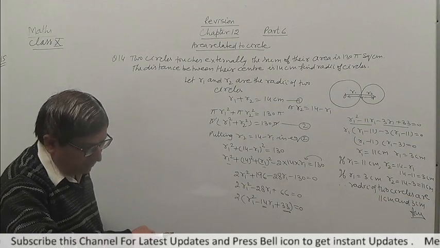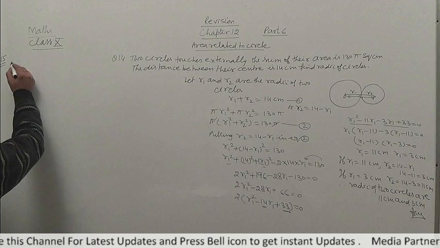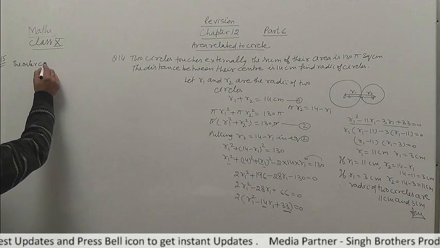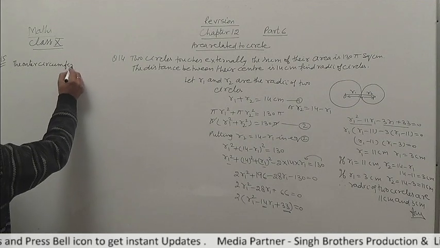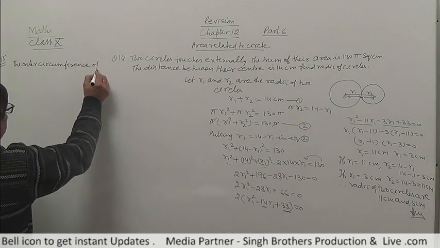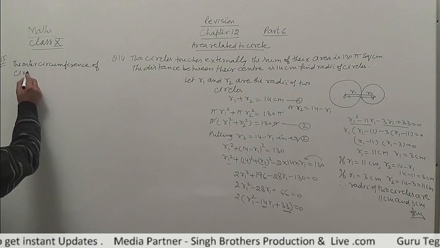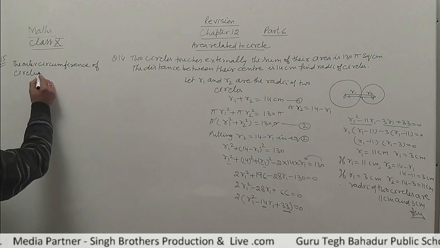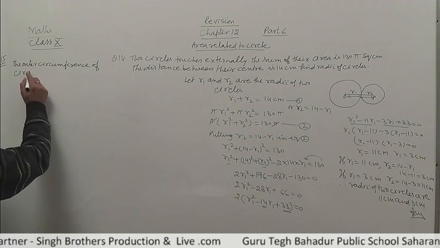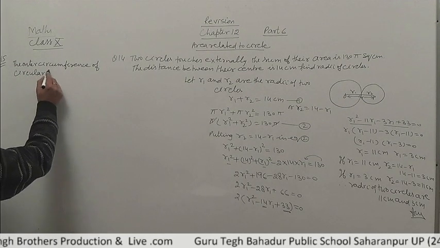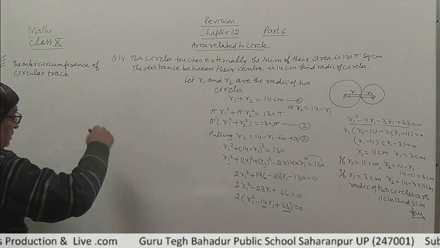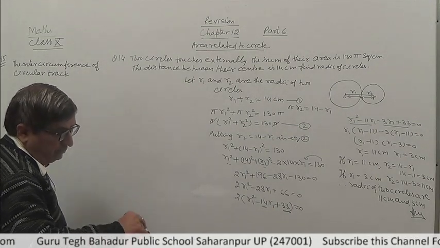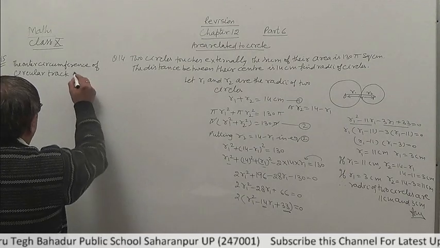The outer circumference of a circular track is 528 meter.